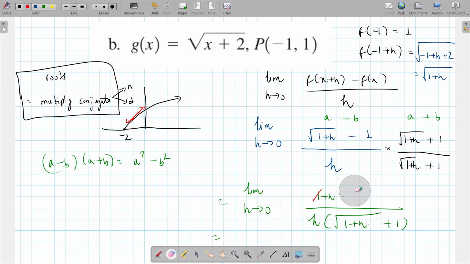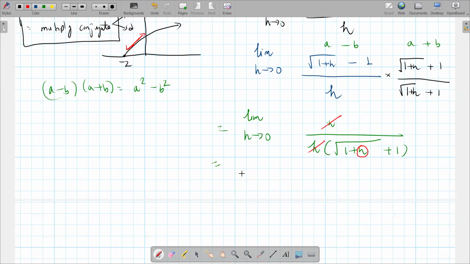We have an h on the top and an h on the bottom. Can we cancel out these two h's? Yes. And every other h now is a 0. So your final answer is going to be 1 over square root of 1, which is 1, plus 1. So your answer is a half. 1 over 2. There we go. That's the slope.